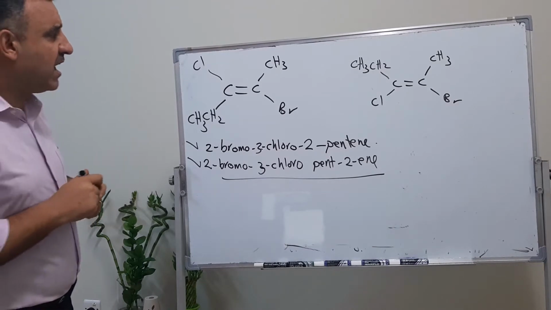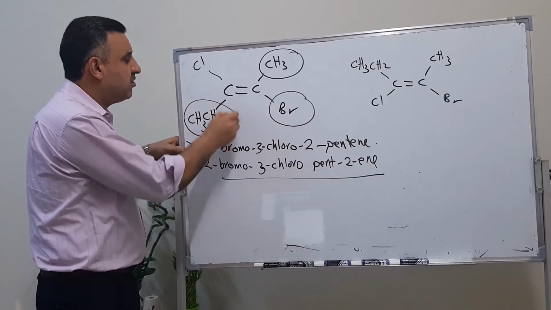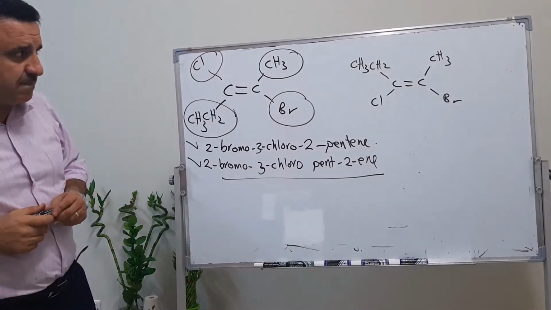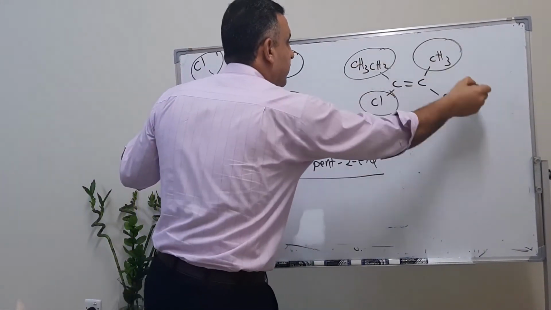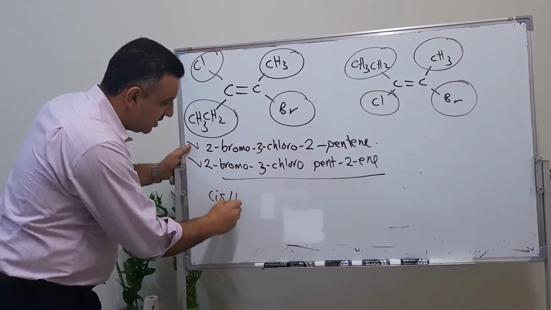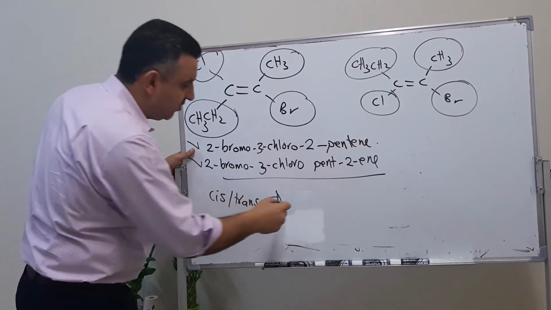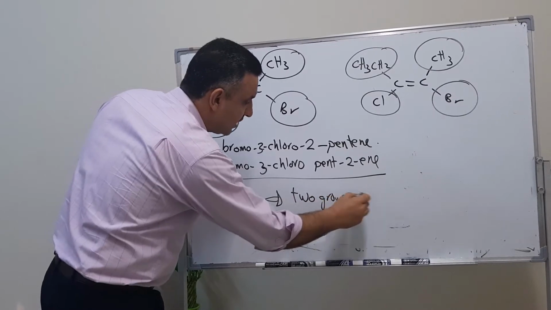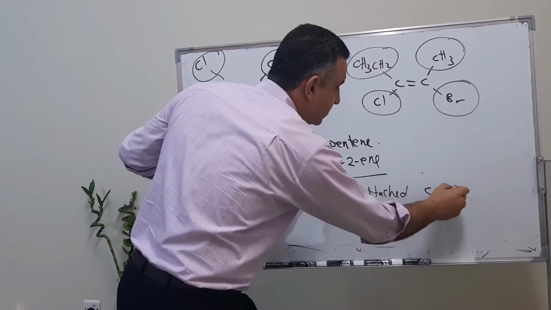Now, whenever we have more than two groups, as you can see here, we have 4 different groups attached to the carbon double bond carbon system. The same thing, of course, in here. In this case, we no longer use cis-trans isomerism, which is only good enough for 2 groups attached to the carbon double bond carbon system.